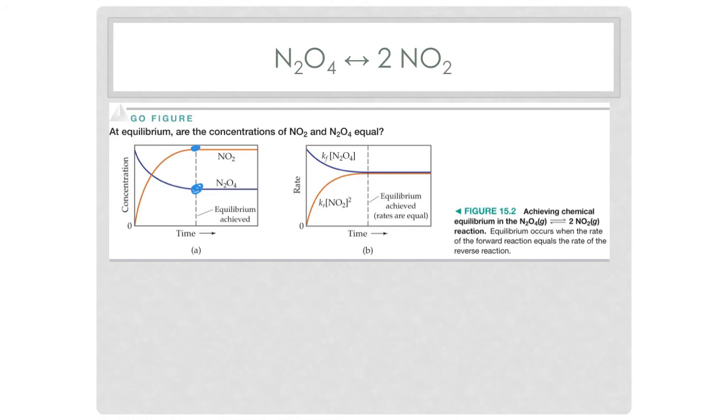On the second graph, that is showing us the rate of the forward, shown with the F, and rate of the reverse, shown with R. We reach equilibrium when our rate of our forward is equal to the rate of the reverse. So once the rates become equal to each other, that's when we would get to equilibrium.